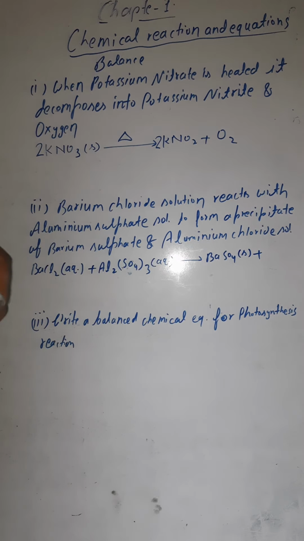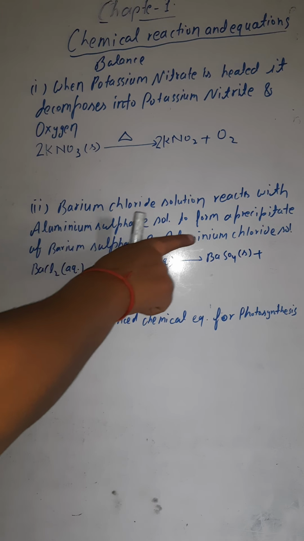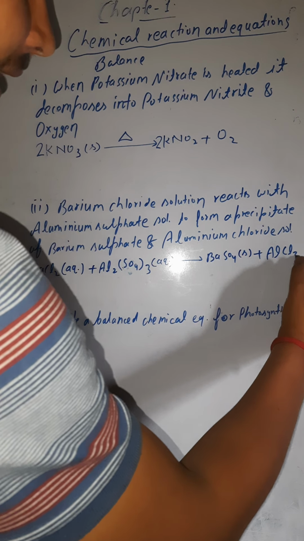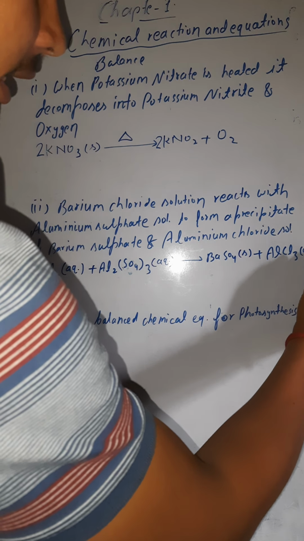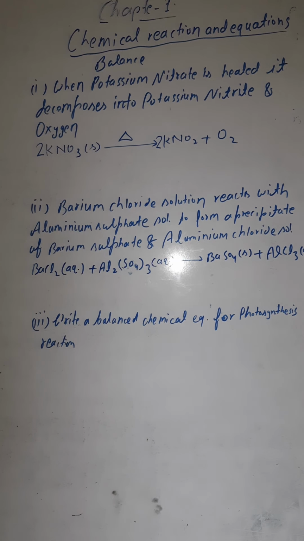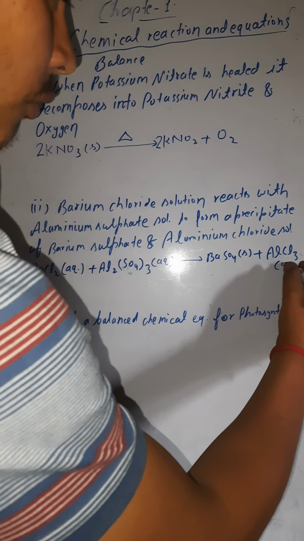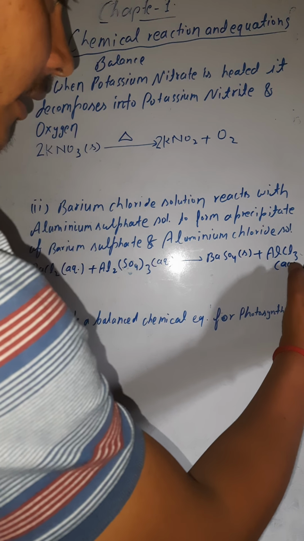Solid state. And aluminium chloride solution, that is AlCl3. Solution means its state is again aqueous. I think the aqueous state is not visible there, so let me write it here.